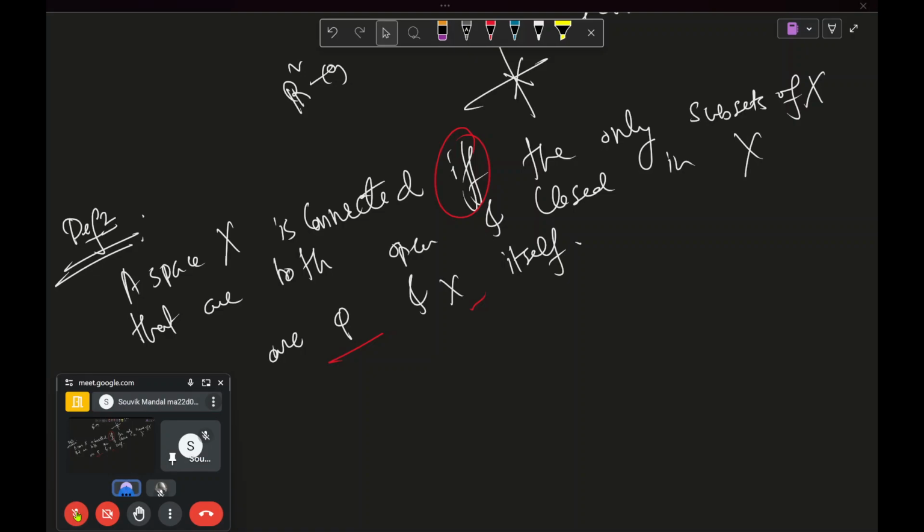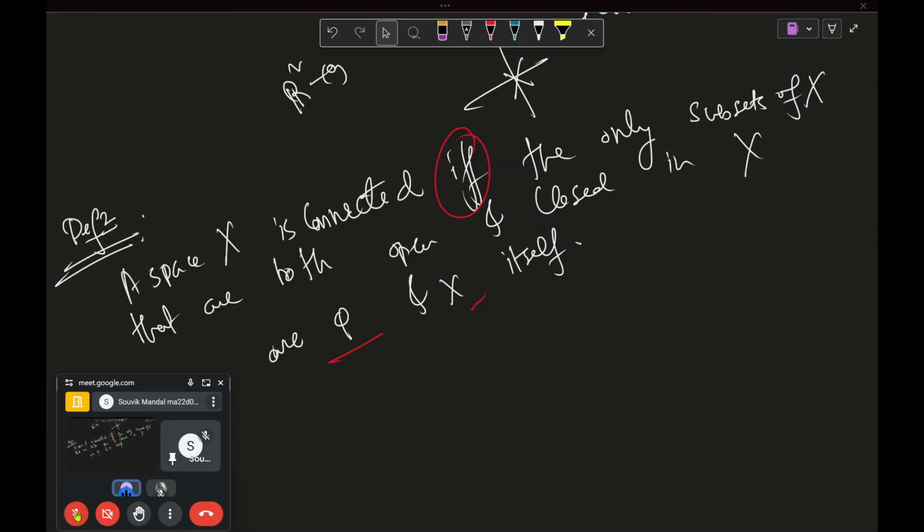So, the forward direction we can prove using contradiction. So, we can assume that the space X is connected, and suppose there exists a non-empty proper subset of X, which is both open and closed.